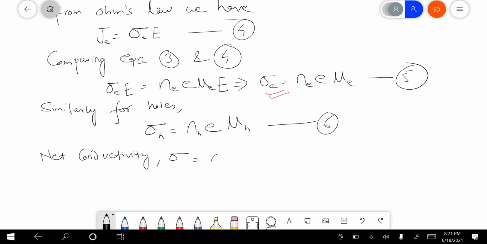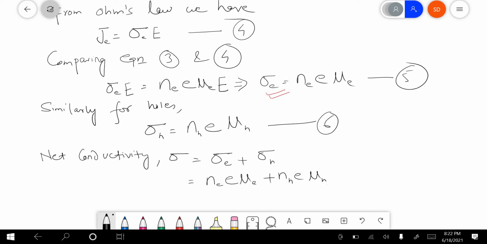Net conductivity sigma is equal to the conductivity due to electrons plus the conductivity due to holes, which is equal to Ne e mu e plus Nh e mu h.